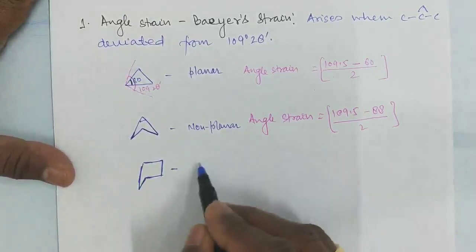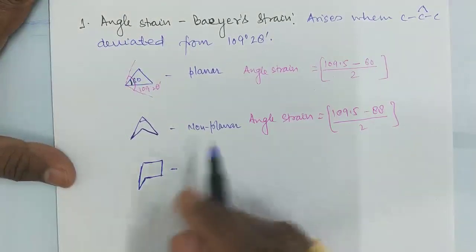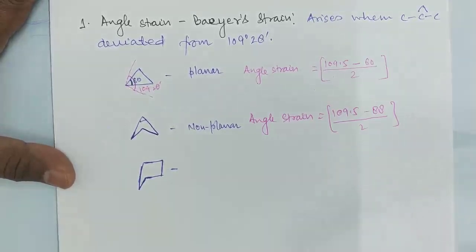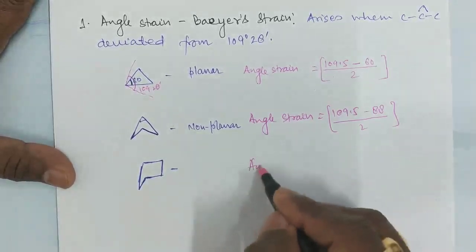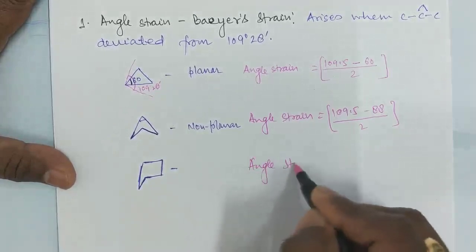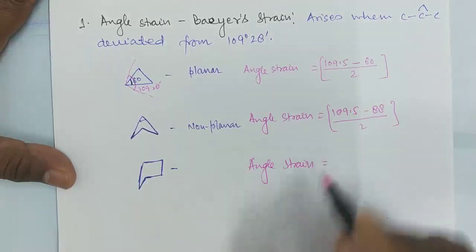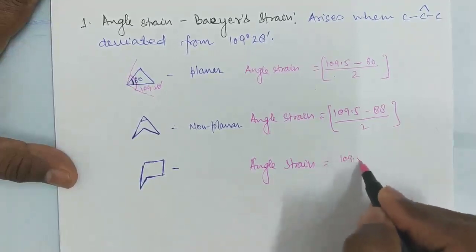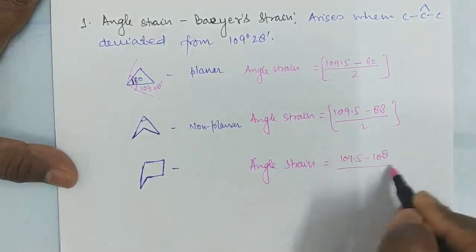The angle strain is equal to 109.5 minus 108, divided by 2.